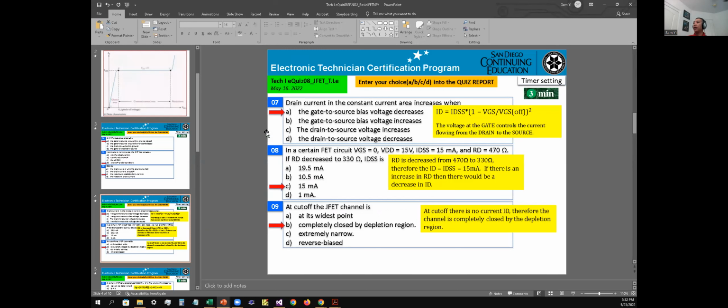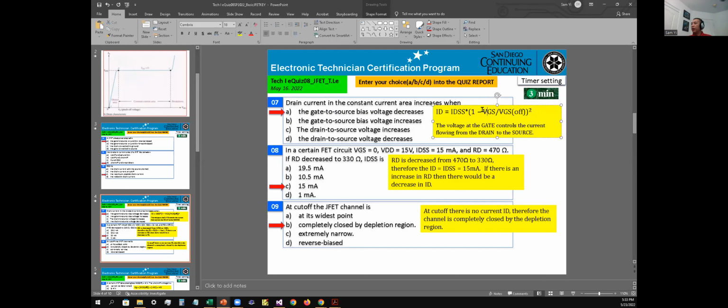Number 7, the drain current in a constant current area increases when the gate to source bias voltage decreases. So the answer is A as in apple. You can follow the formula: ID equals IDSS times the quantity 1 minus VGS divided by VGS off, that quantity squared.